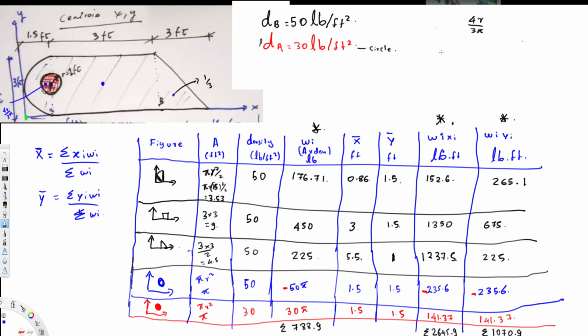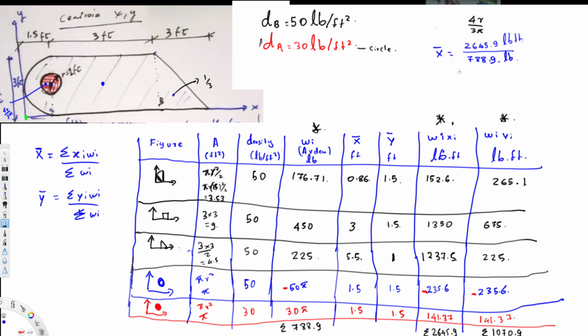So let's calculate the x bar. X bar is going to be sigma xi wi over sigma wi. We found sigma wi xi is 2645.9, and the unit is foot pounds, and then divide by sigma wi, 788.9 pounds.